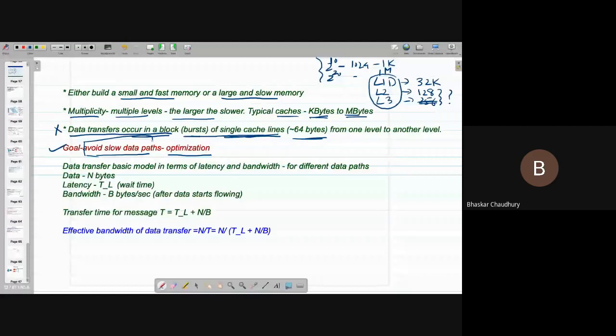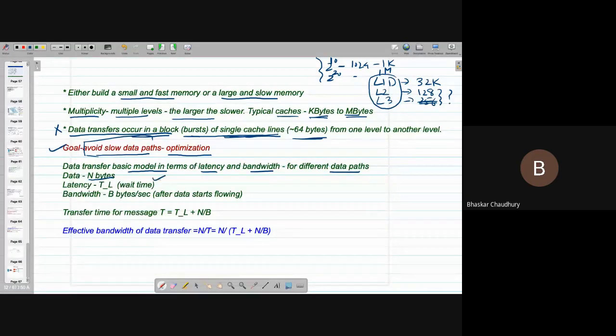Now let us look at a very abstract, basic model of data transfer in terms of latency and bandwidth of different data paths. We have already seen there are different data paths: memory to L3, L3 to L2, L2 to L1, and so on. Let's say you need n bytes of data, and the latency of that data path is T_L, in seconds.